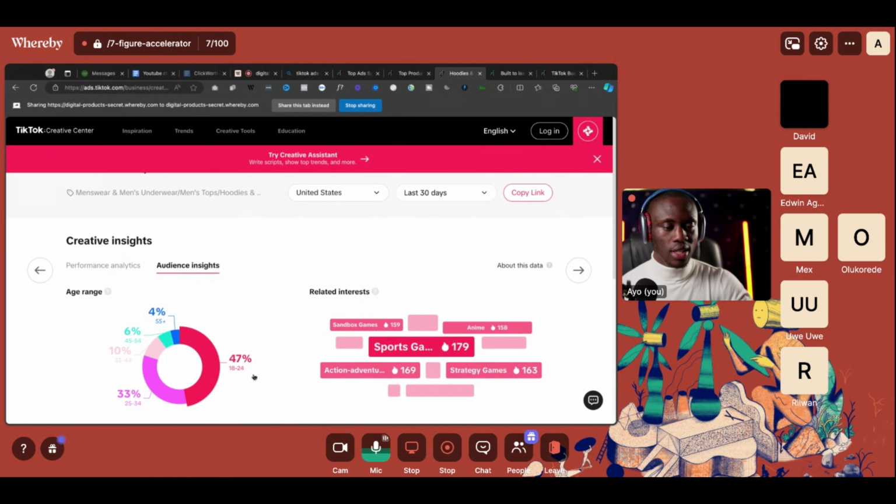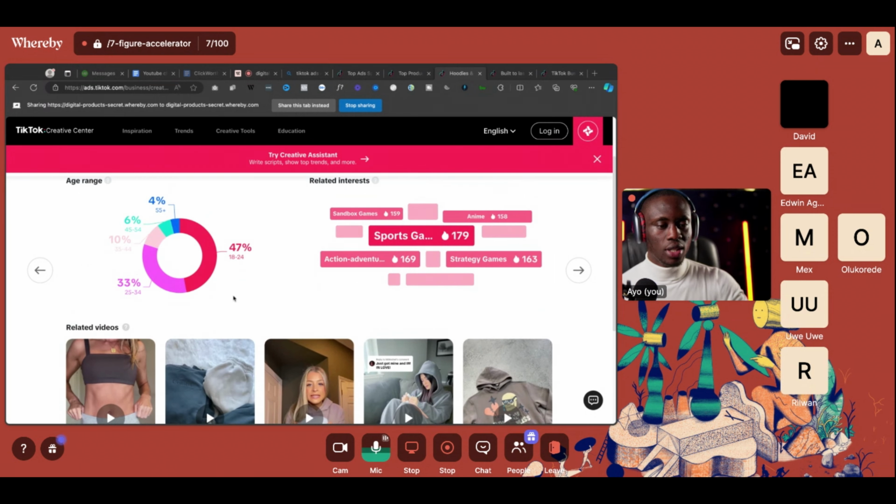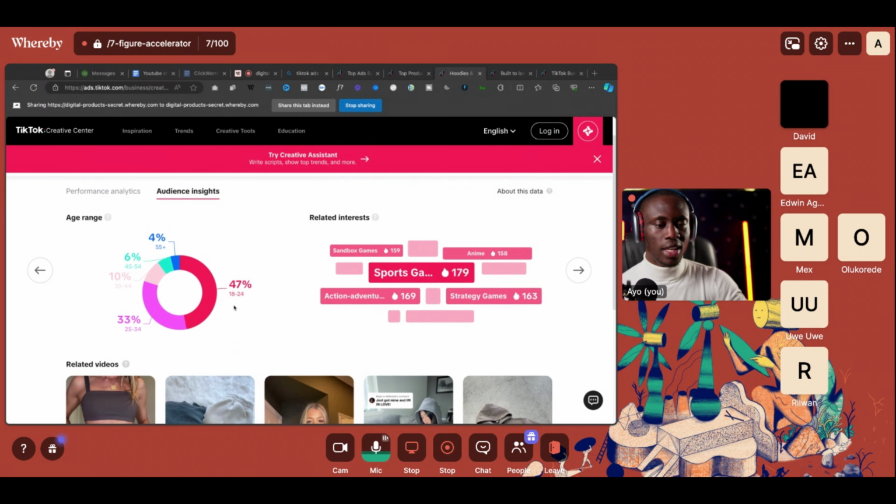And as you can see, in this space, the biggest purchasers are between age 18 to 34. So 18 to 24 and then 25 to 34. So like I said, TikTok seems to be having a high concentration of people within the age range of 18 to 34.